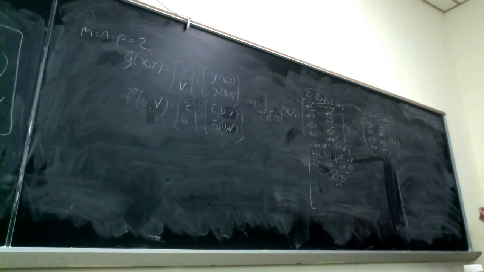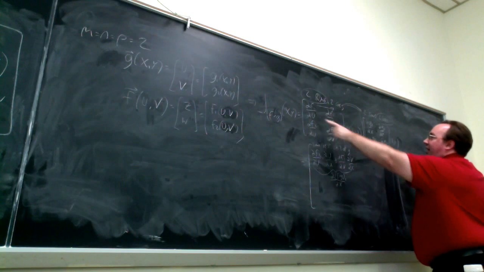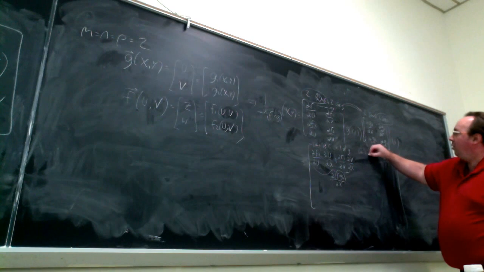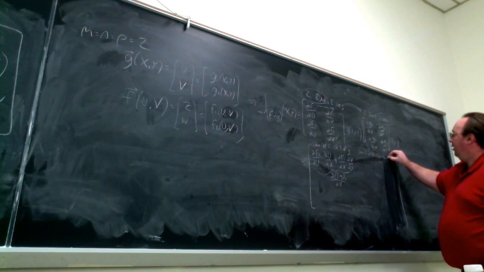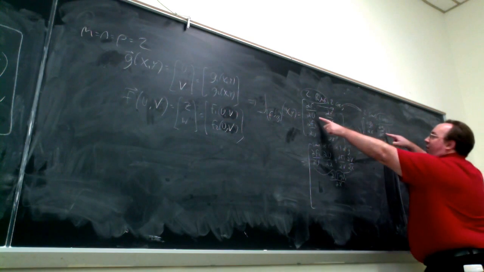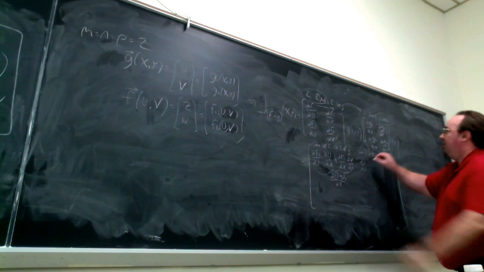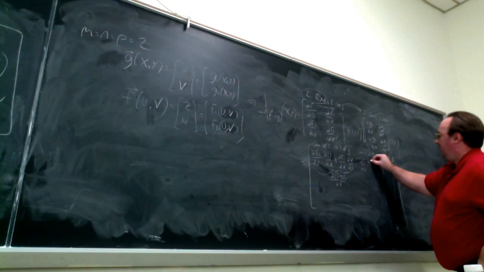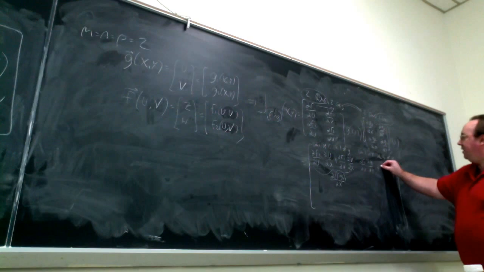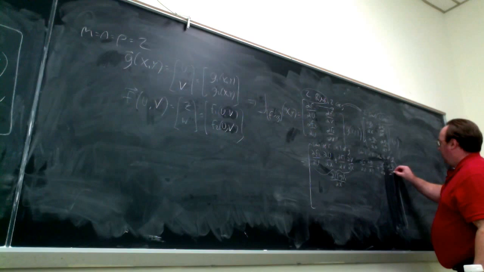All right. So that's 1 out of 4 partial derivatives. To get this one, I'm going across the first row and down the second column. So this is row 1 of f again, column 2 of g. So I have partial of f1 with respect to u, partial of g1 with respect to y, plus partial of f1 with respect to v, partial of g2 with respect to y.